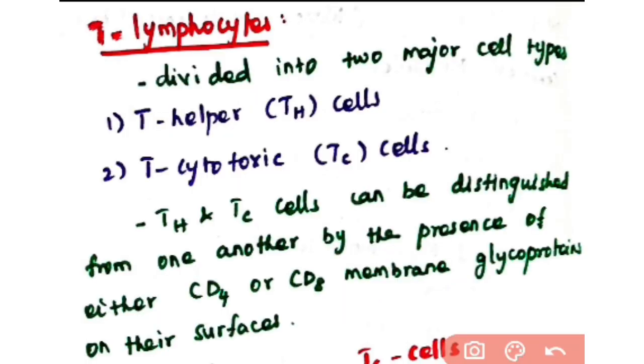Coming to T lymphocytes, we can classify T lymphocytes into two major cell types. One is T helper, that is Th cells, then T cytotoxic, TC cells. These Th and TC cells can be distinguished from one another by the presence of CD4 or CD8 membrane glycoproteins on their surfaces.